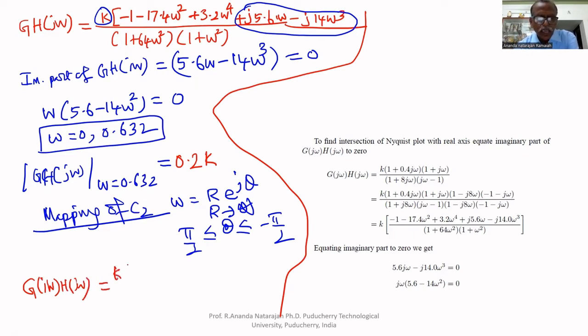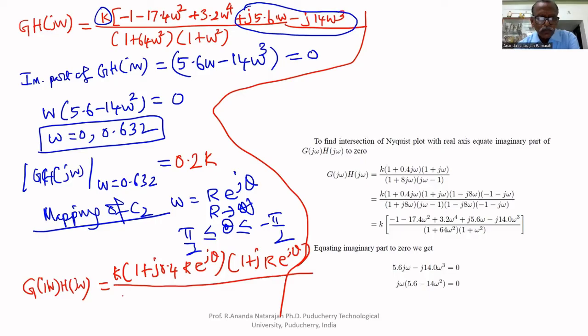So G H equals k (1 plus j 0.4 omega) divided by [(1 plus j omega)(1 plus 8j omega)(minus 1 plus j omega)] with omega equal to r e power j theta.